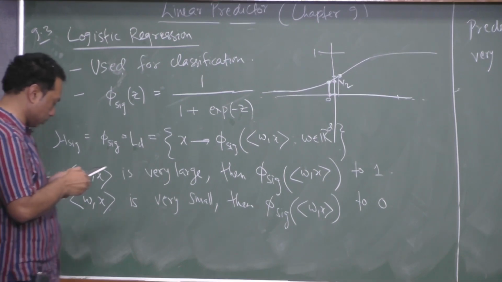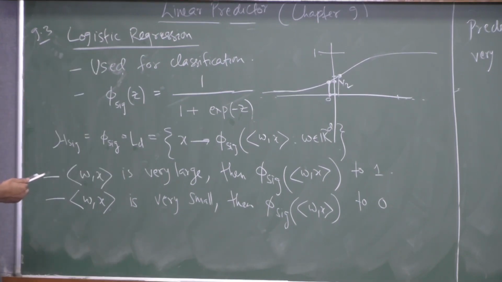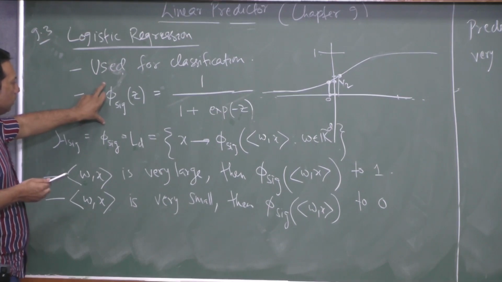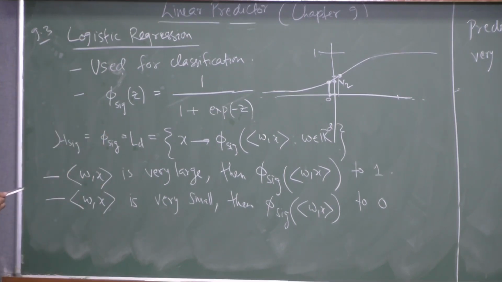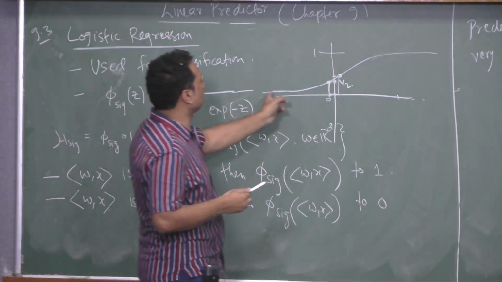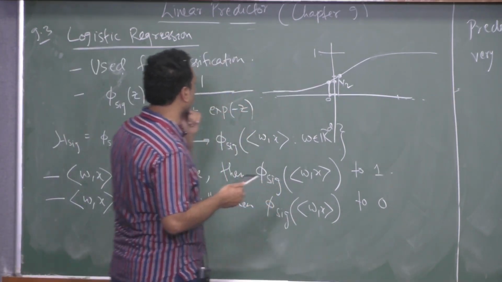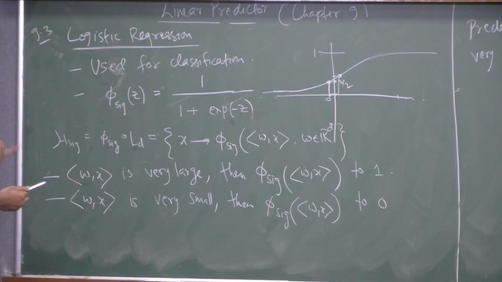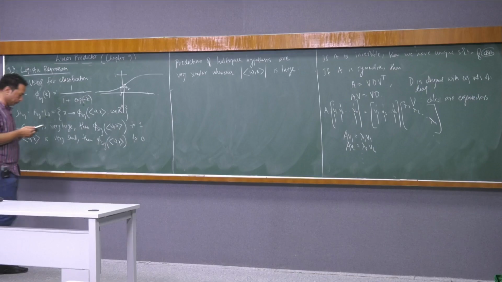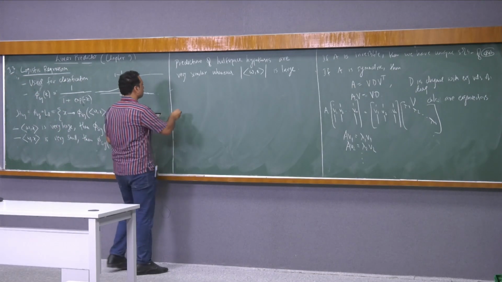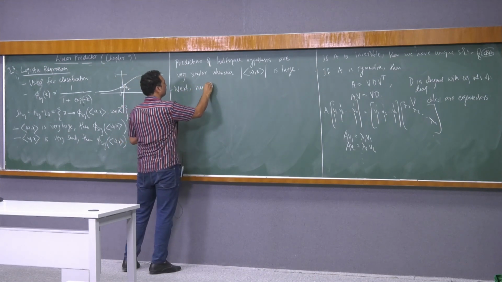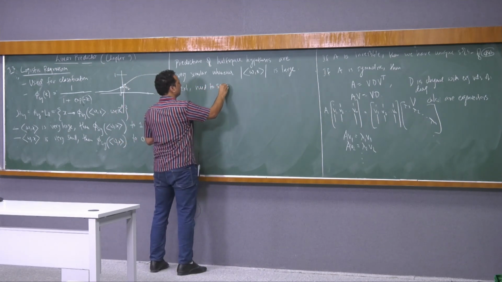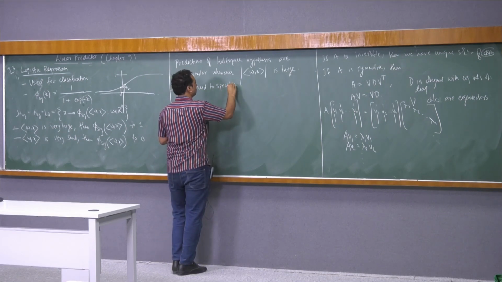Given that we have this sigmoid model, as usual we will build a loss function that we will train, and we will train this sigmoid to learn to classify. So the next step is to specify a loss function.